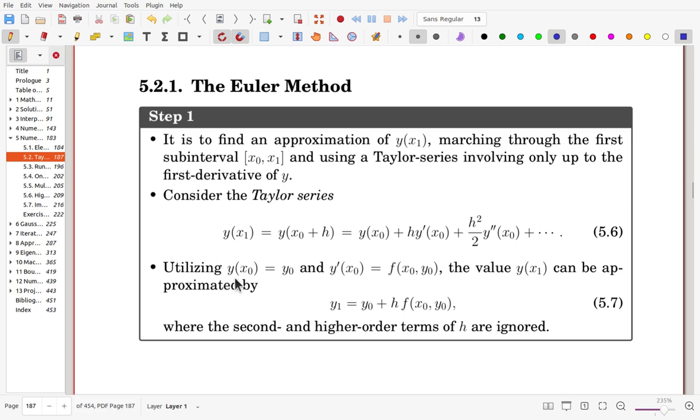Now y of x0 is y0, so that can be replaced, and y prime at x0 is the same as f at x0, y0. So we replace these two terms by using these two equations, and then we ignore this portion. Then we can get this equation, and y sub 1 is an approximation of the value y at x1. That is the idea of the Euler method.